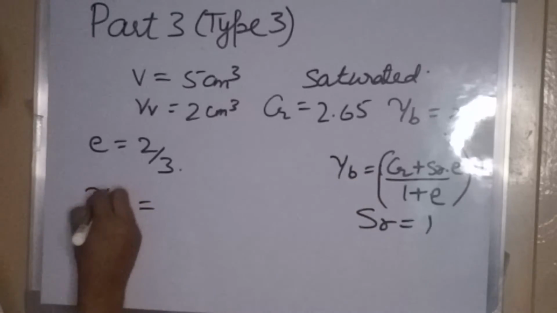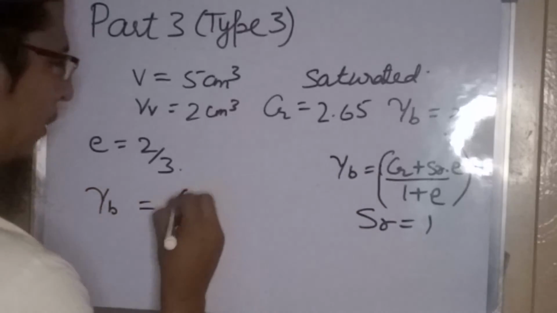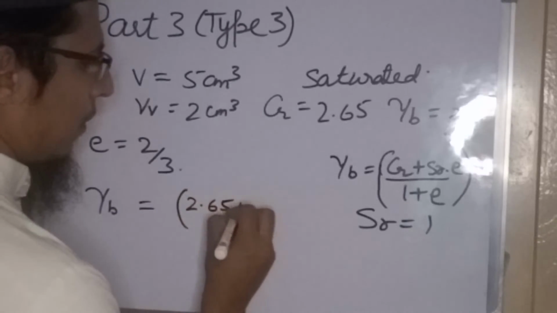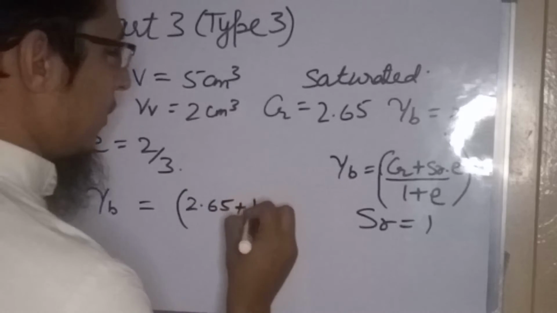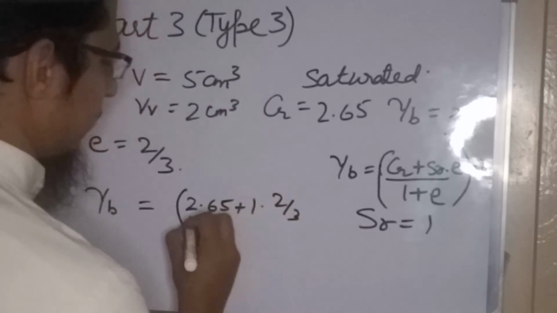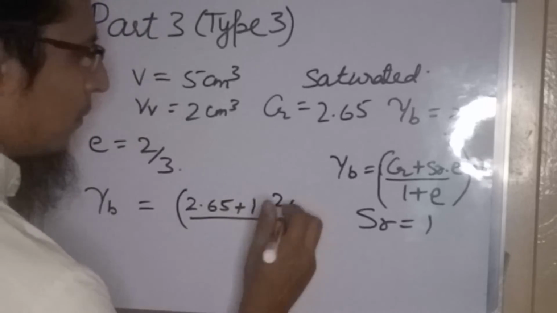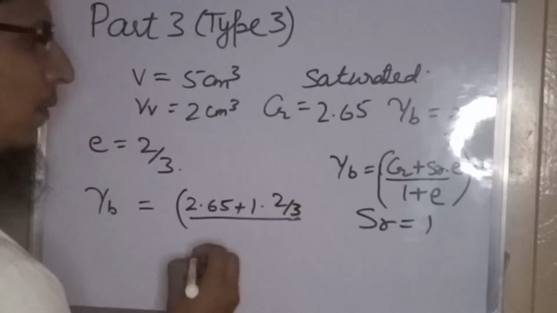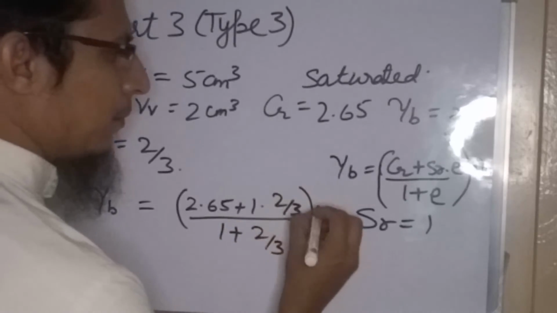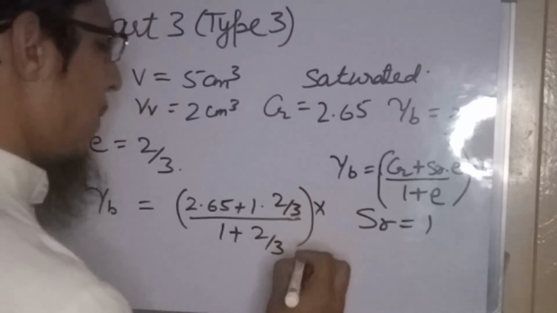Bulk density will be equal to (G, which is 2.65, plus degree of saturation, which is 1, into E, that is 2 by 3) upon (1 plus 2 by 3) into gamma W.